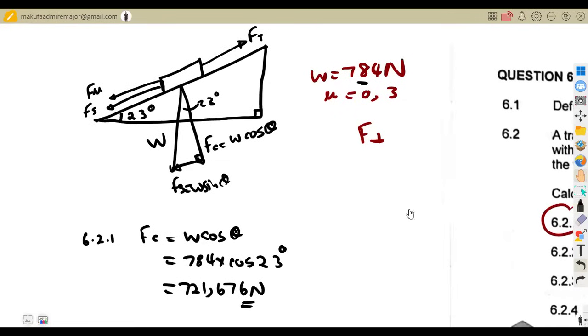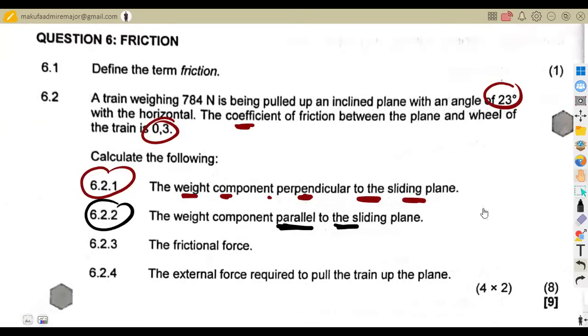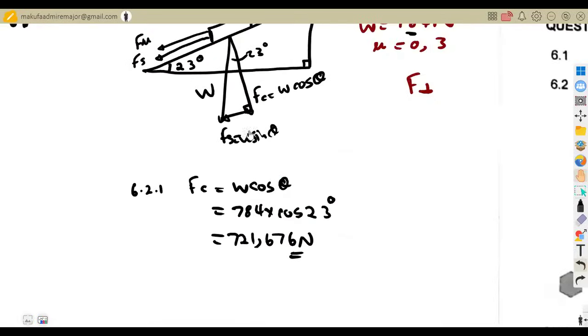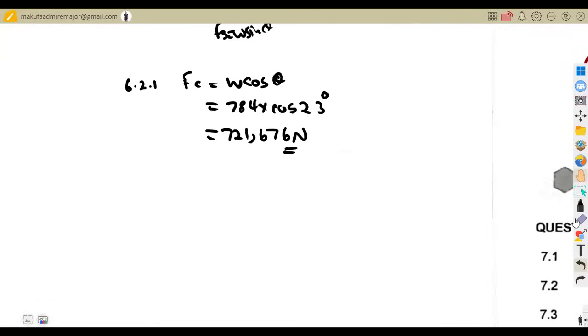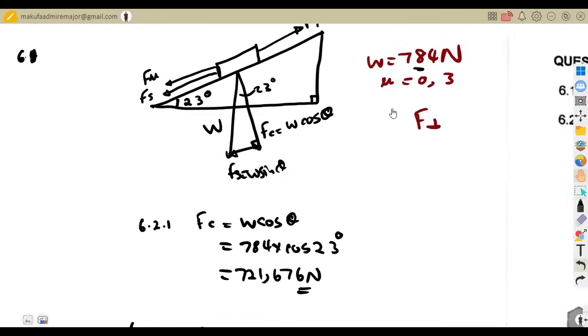Then 6.22, the weight component parallel to the sliding plane. This is the one parallel, W sine theta. Already we are given our W, the weight 784.